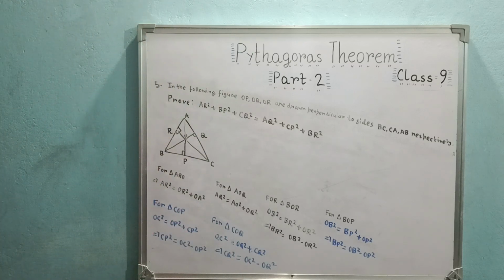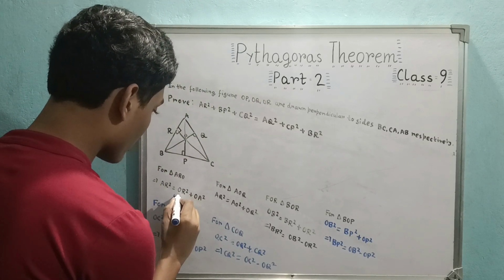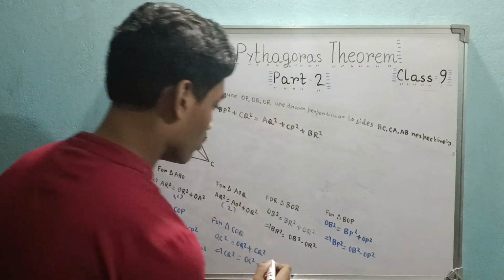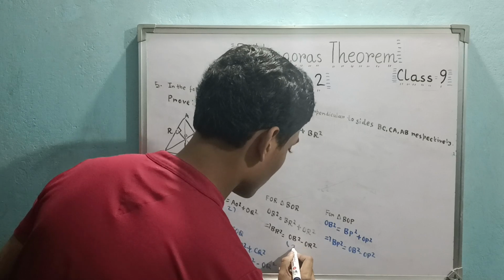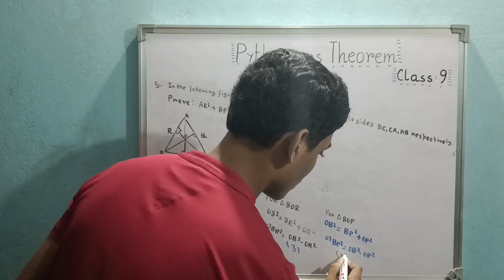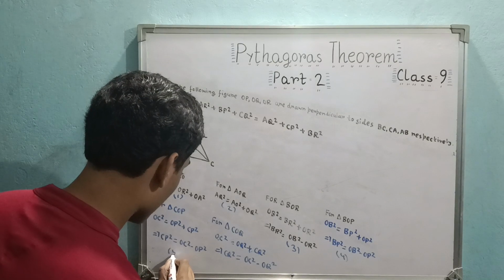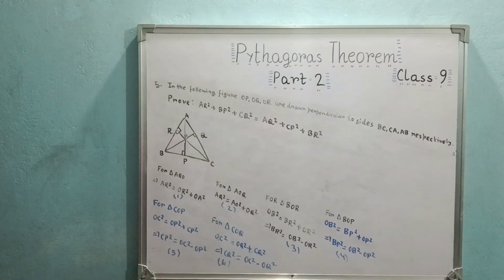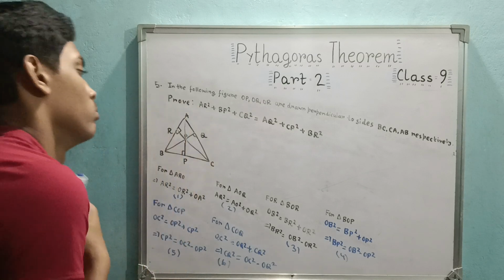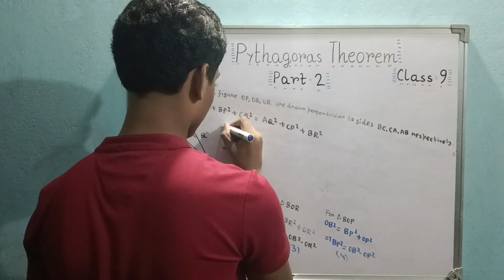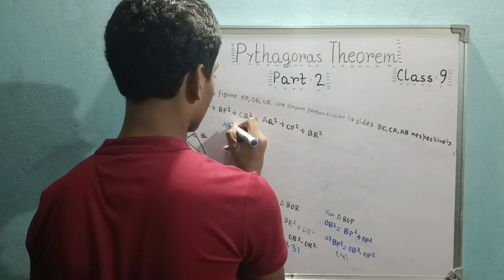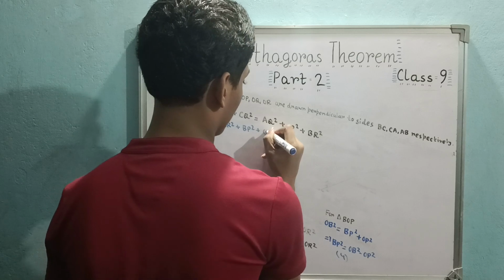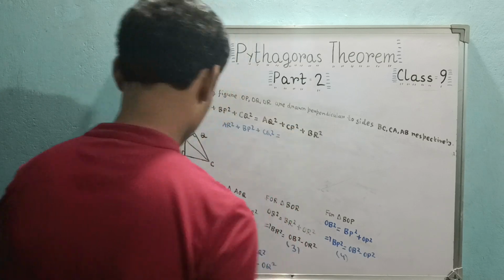Okay, so we have here 6 equations: AR, AQ, then BR, BP, CP and then CQ. So now what I'm going to do, here see, AR square plus BP square plus CQ square equals what?